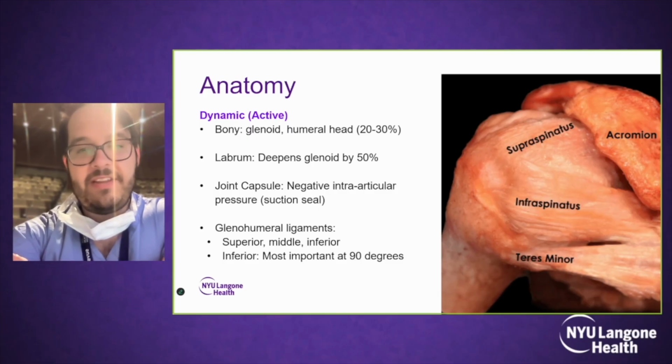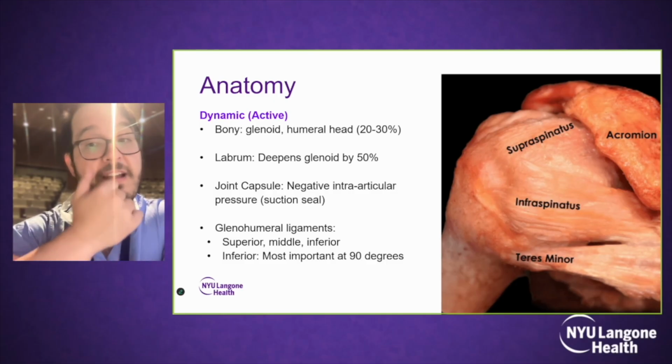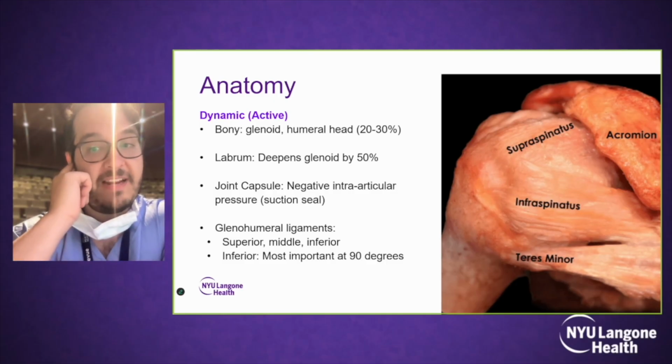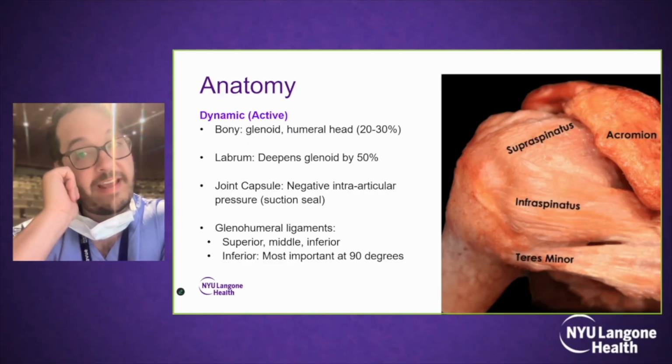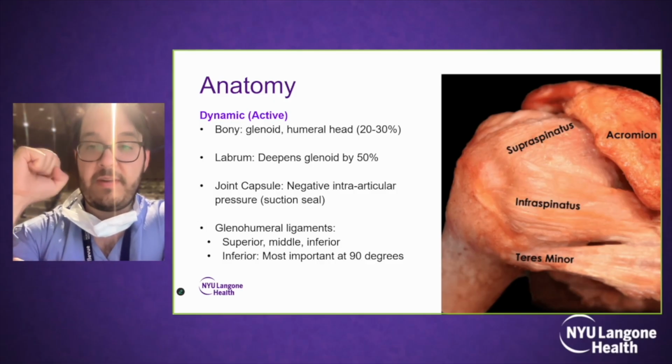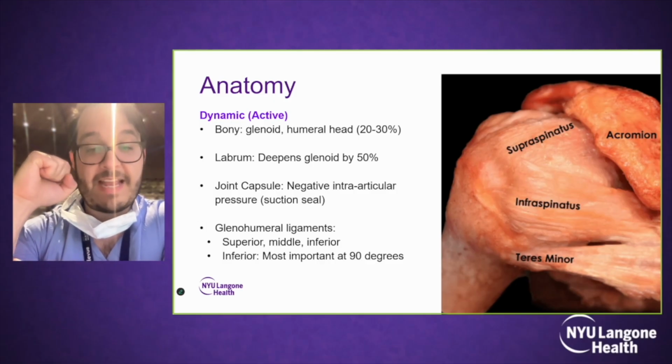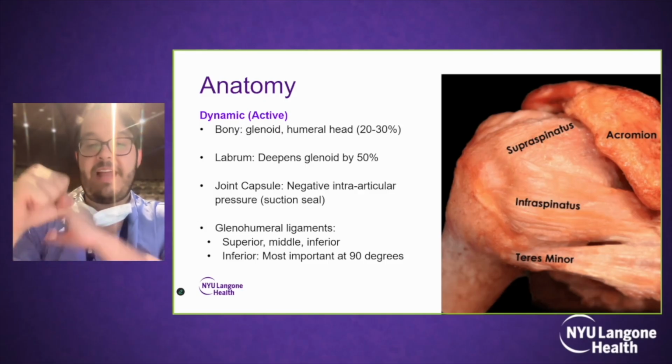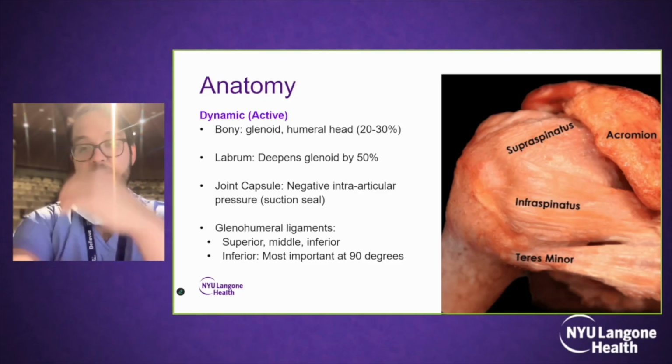What you can see on the right is our rotator cuff muscles. Our rotator cuff is the primary dynamic restraint. There's those four muscles, the supraspinatus, infraspinatus, teres minor in the back, and then the subscapularis in the front. What those provide is what's called concavity compression. Beyond helping us lift our arm, when those rotator cuff muscles and tendons are firing, they help keep that humeral head pushed against that glenoid dish.